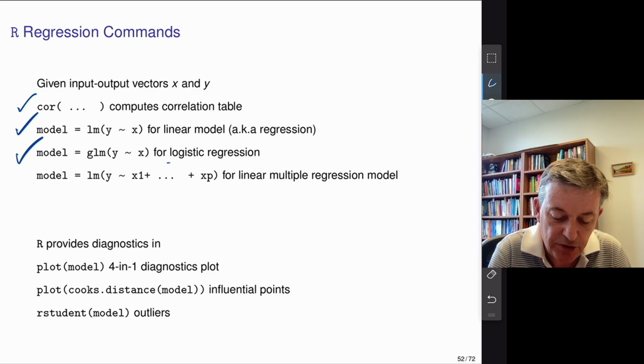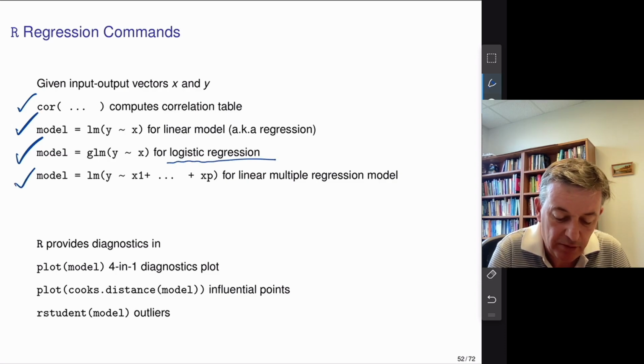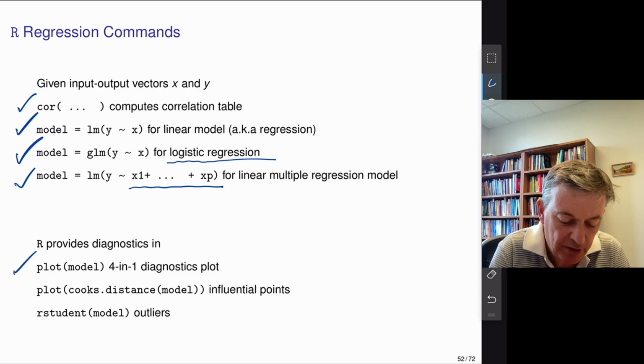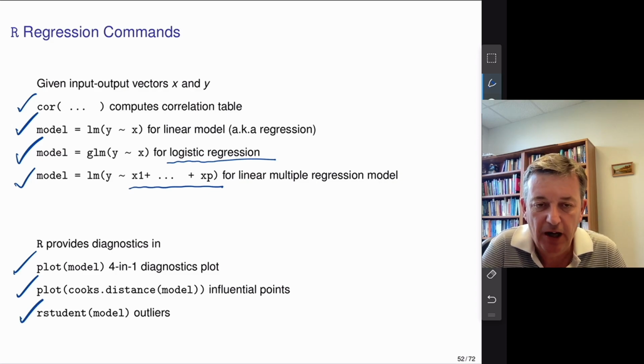GLM stands for logistic regression or generalized linear model. Model regressed on p variables. And the diagnostic commands are all in the plot model command, plot Cook's distance, and then if you actually want to look at the outliers, the RStudent command.